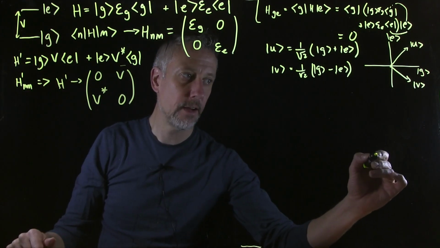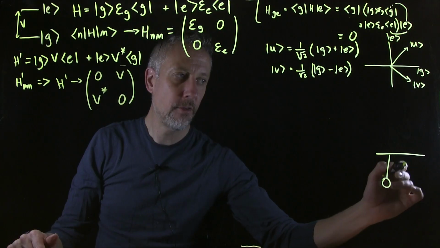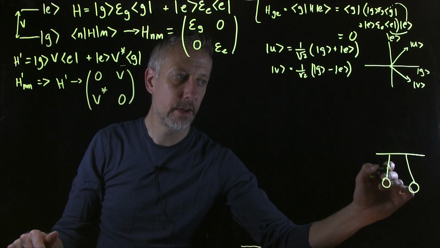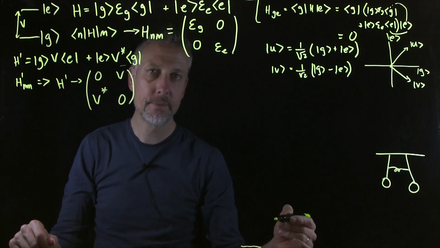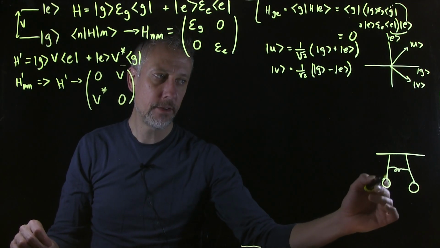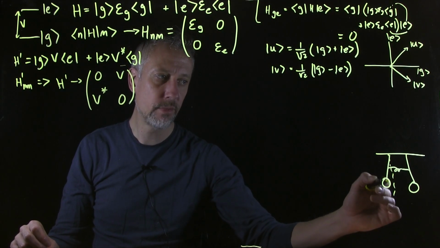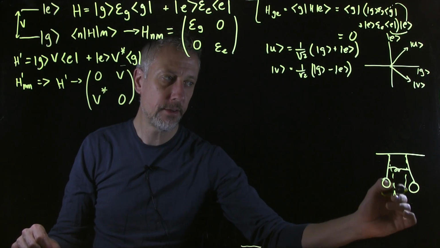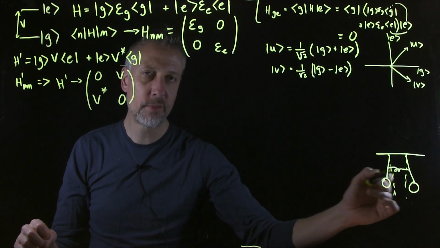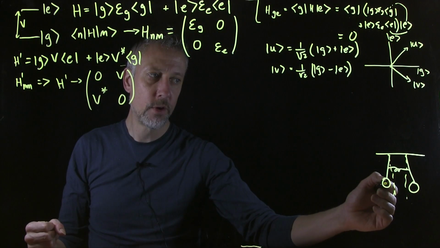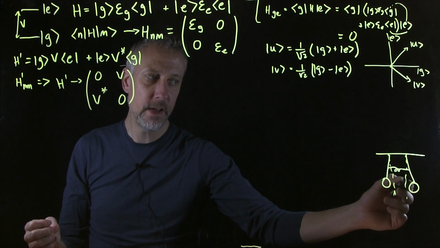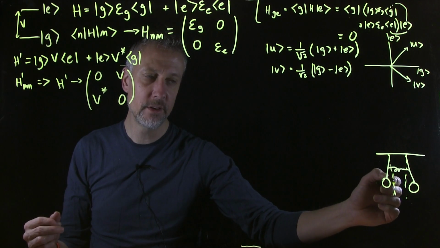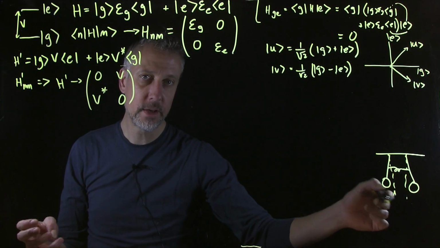So there's a classical analogy to this. If I have one pendulum over here, another pendulum over here, and I connect them, for example, by a spring, then I have one oscillator on this side with its displacement, another oscillator on this side with its displacement, but because of the spring, the force constant of this pendulum will depend on the displacement of this pendulum from its equilibrium. And that's going to give it a coupling.